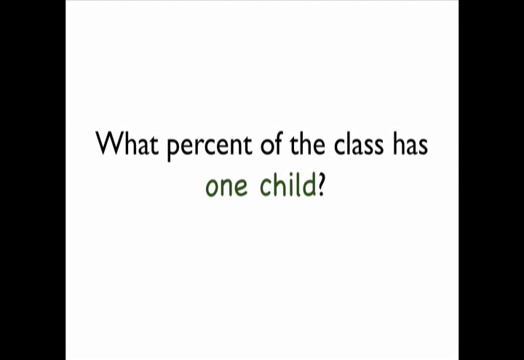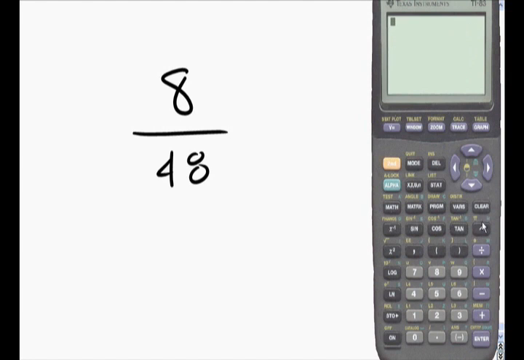What percent of the class has one child? Eight students out of the 48 students have one child. Approximating this number to the nearest thousandths means that this third 6 makes the second 6 a 7.